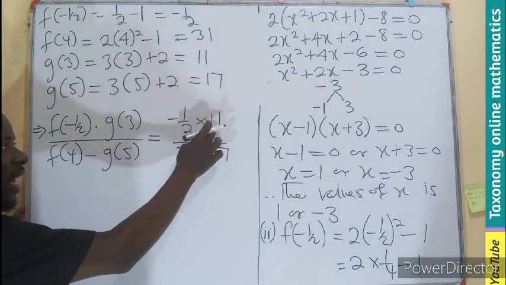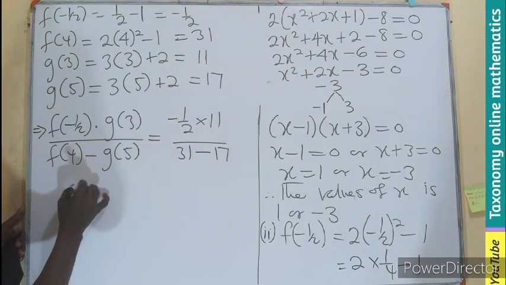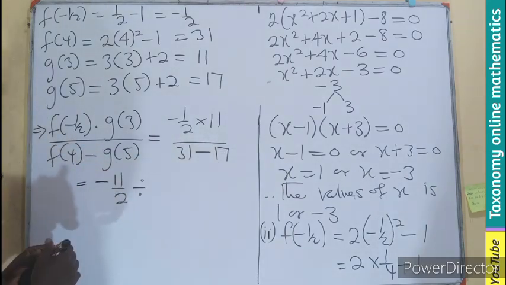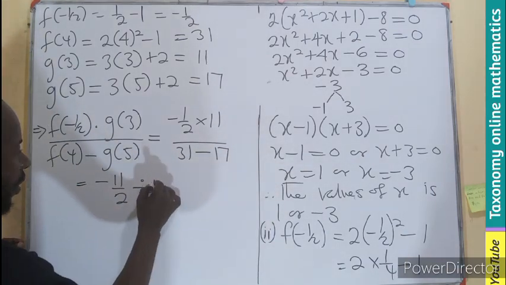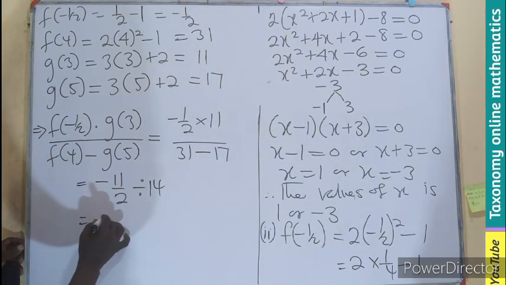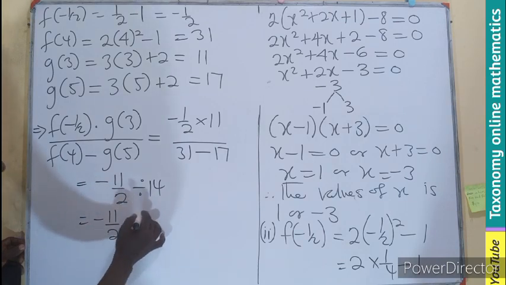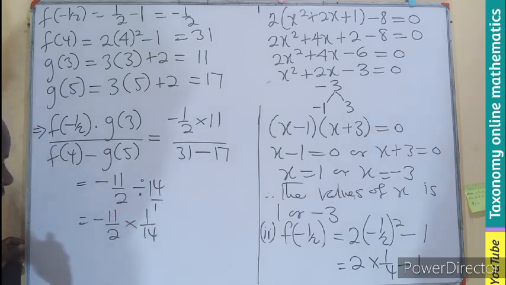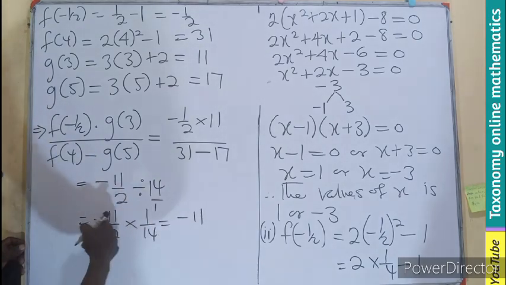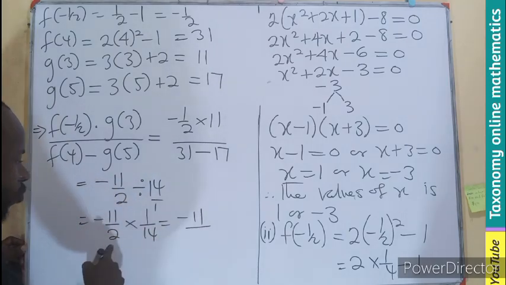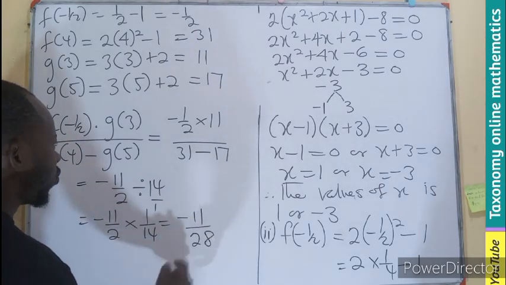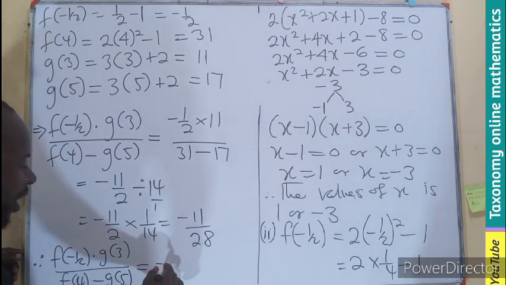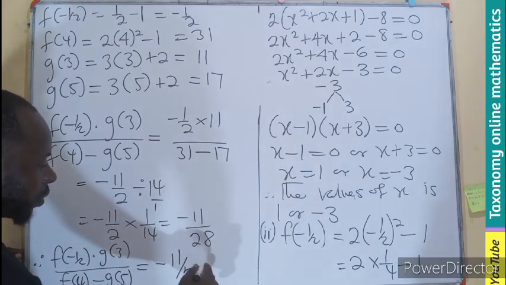When you multiply this, 11 goes to the numerator to give us negative 11 out of 2 divided by 14. So we maintain our negative 11 on 2 times, you reciprocate, 1 out of 14. Negative 11 times 1 gives the same. 2 times 14 gives us 28. So therefore, the answer will be negative 11 out of 28.